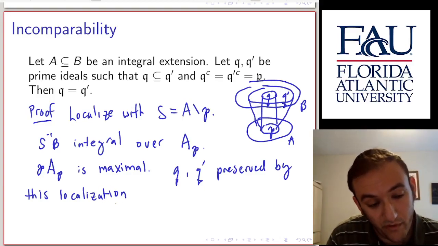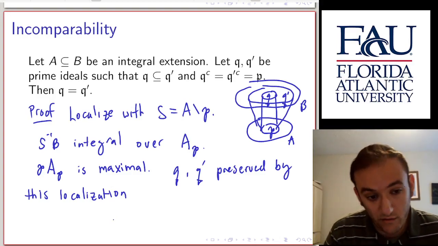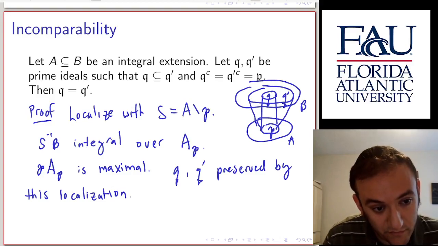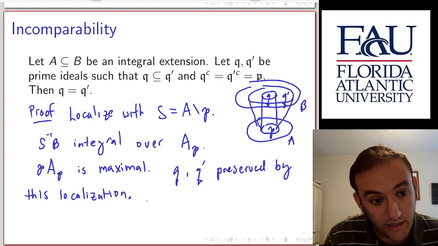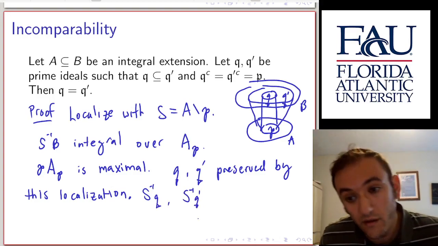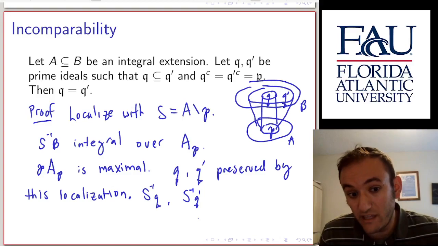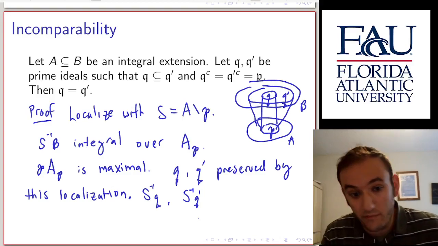Okay, and in terms of what their image is, well, we're going to have S inverse Q prime. Because they meet this lower ring in a maximal ideal, they both have to be maximal.